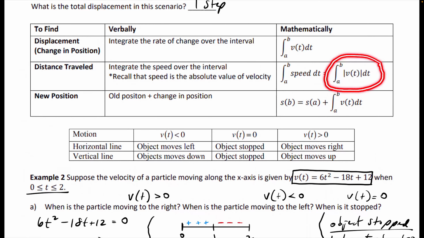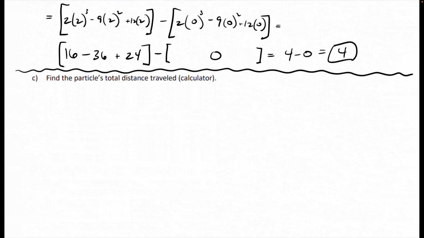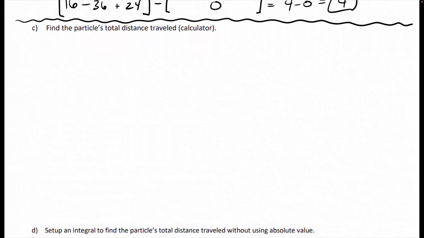Yep, that one right there. So it's the same thing, the only difference is the absolute value. And that's why it says calculator question, because they won't make you do this by hand. Okay, so let's write it though. We've got to write what we're going to solve. So what we're going to solve is from 0 to 2.